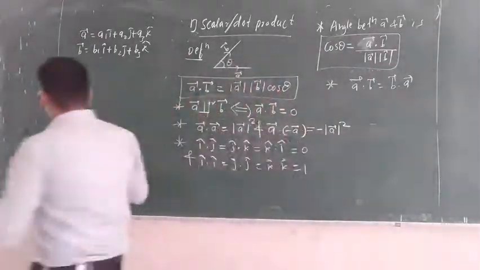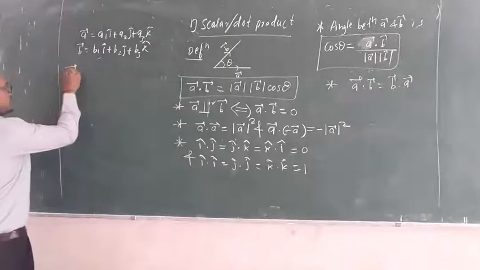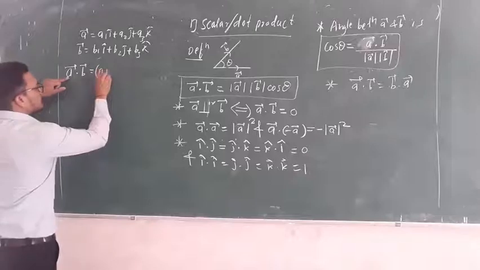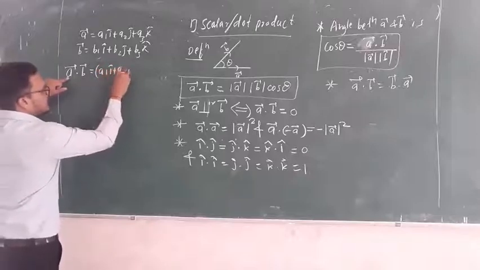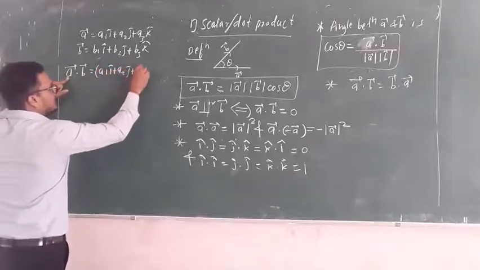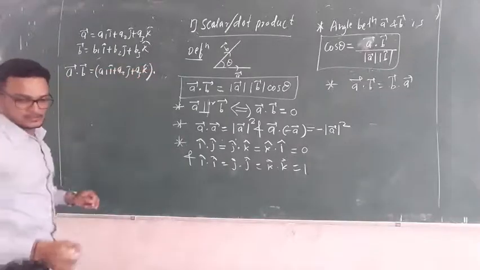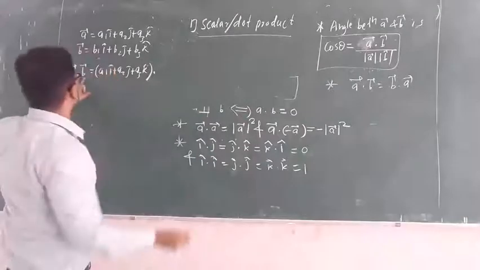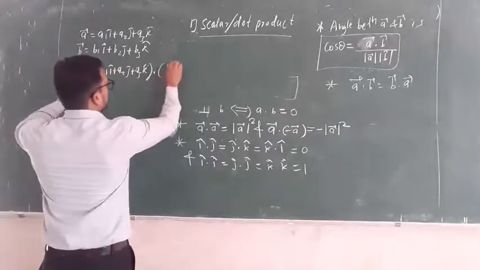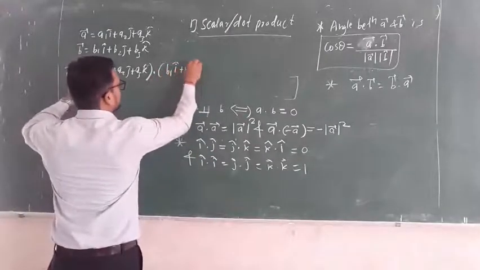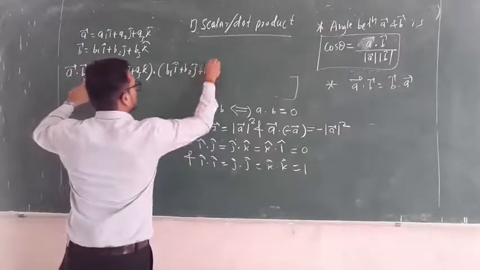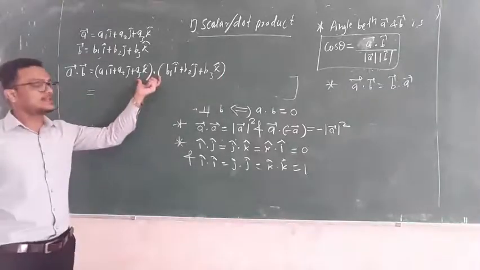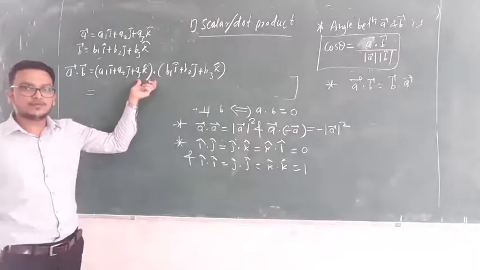A dot B is equal to, first substitute A, that is A1i plus A2j plus A3k, dot vector B, that is B1i plus B2j plus B3k. Now how do we take the dot product of these two component forms?